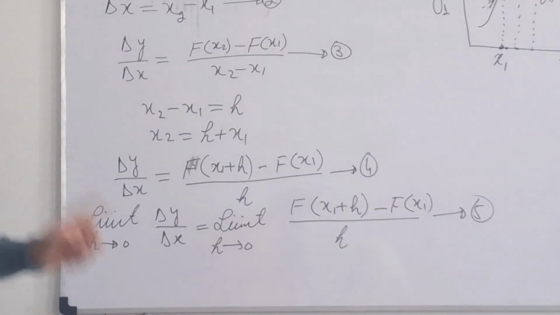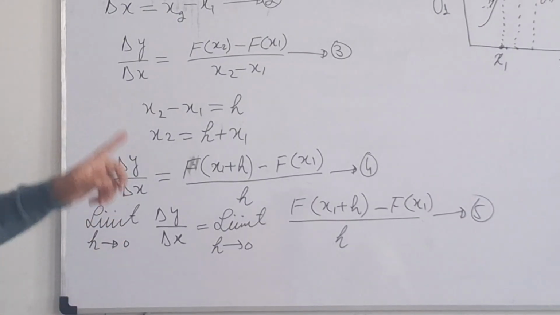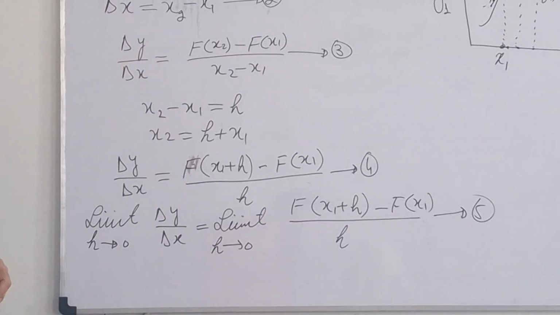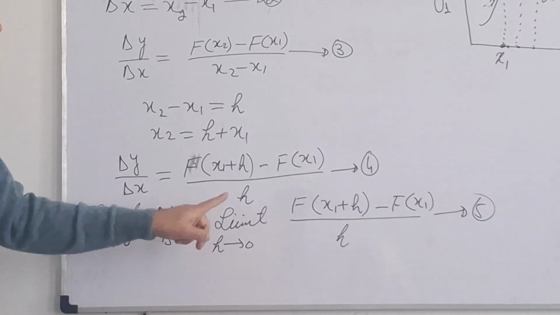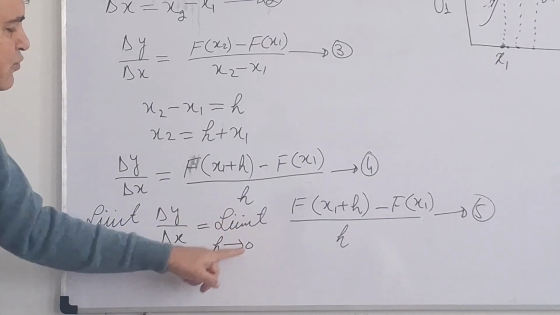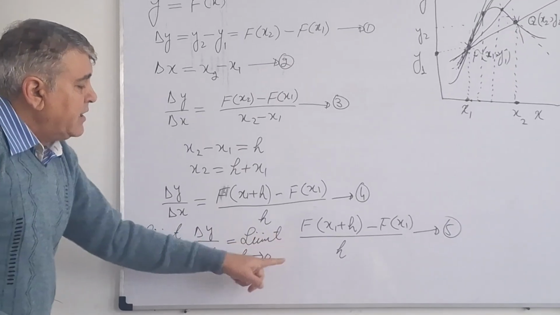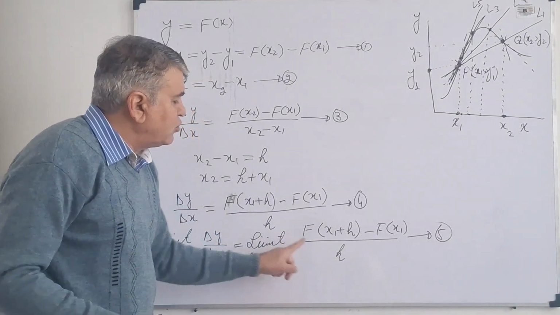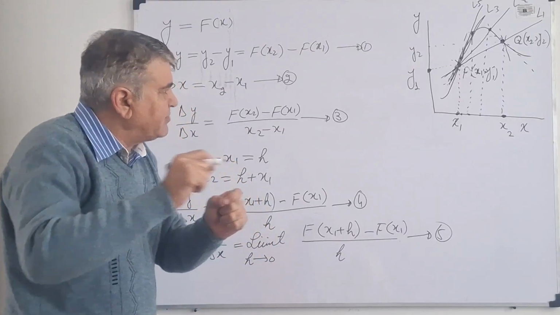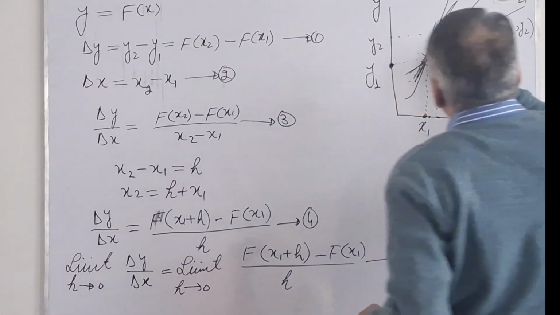Now equation 5 is very rich in providing information, because equation 5 traces the curve for each value of h. If we gradually increase the value of h from 0 in uniform steps, we will be tracing this whole curve.